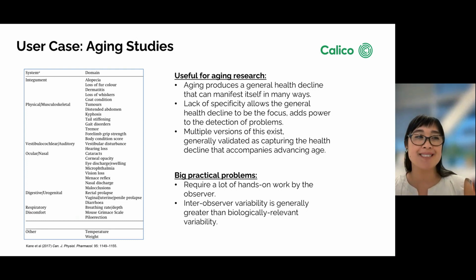These studies oftentimes take years, and for those of you who run operations, staffing is a major challenge, and the turnover of research folks. You want to make sure that you have consistent staffing, and that's because the inter-observer variability is generally greater than the biologically relevant variability in the case of frailty indices. Next, please.